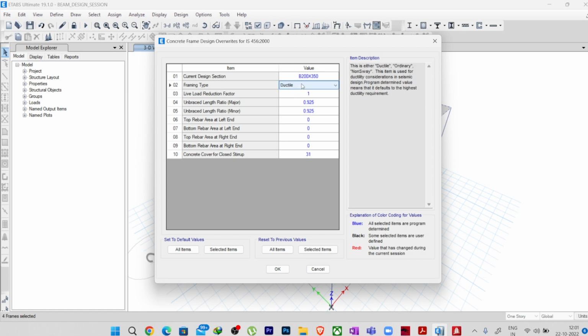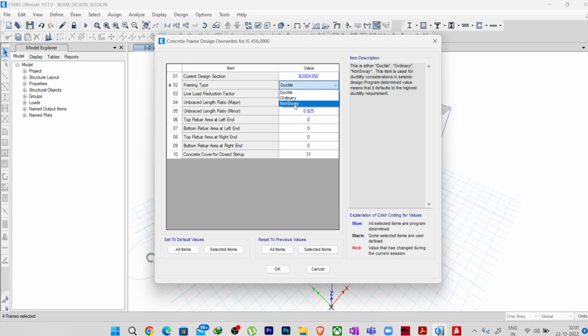Okay, so if I click here, there are three options: ductile, ordinary and non-sway. If you click on ductile, it will consider IS 456 as well as IS 13920 criteria to design your sections. If you click on ordinary, it will consider IS 456, but it will consider your frame as a sway frame.